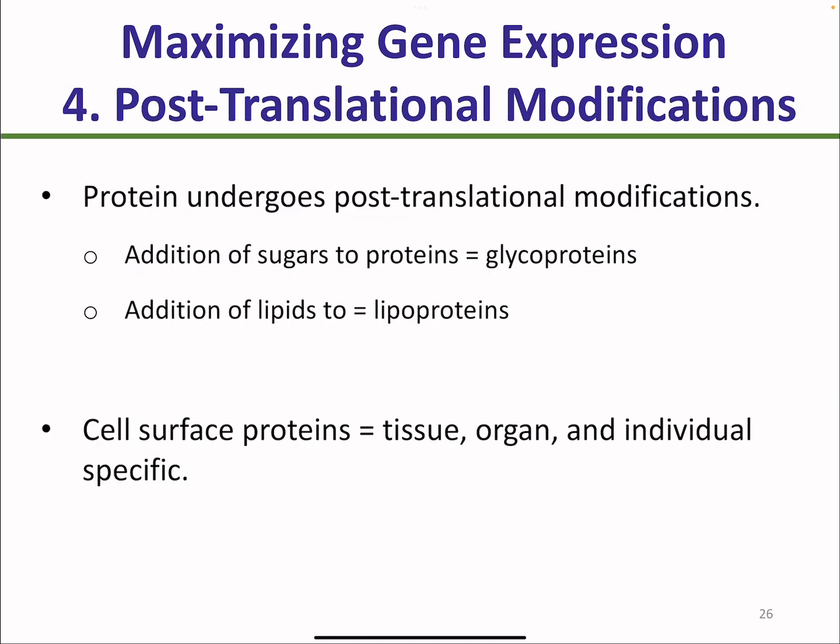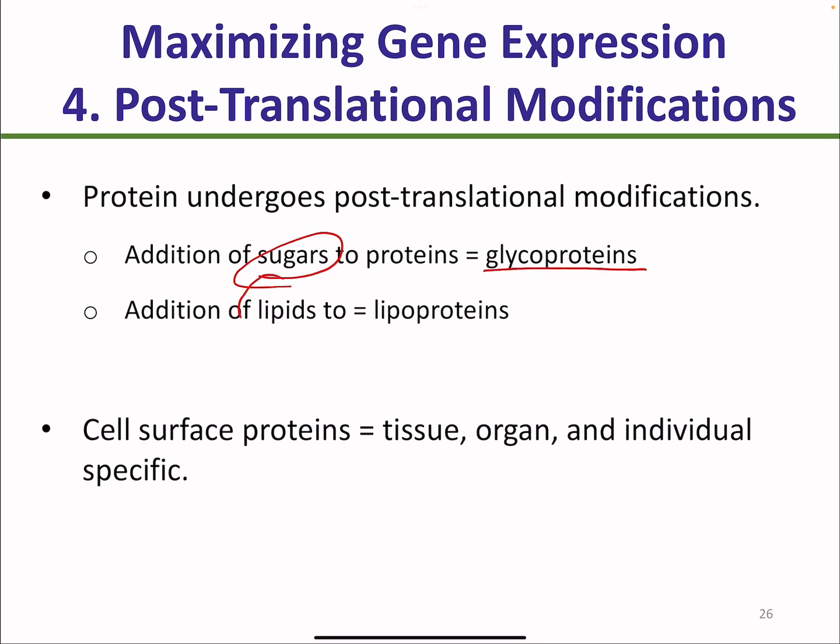Post-translational modification can occur after the protein is produced. After the protein is produced, some residues can be added to that protein. These residues can be sugars, in which case we call that protein a glycoprotein.